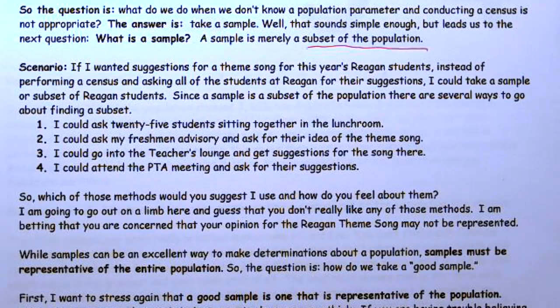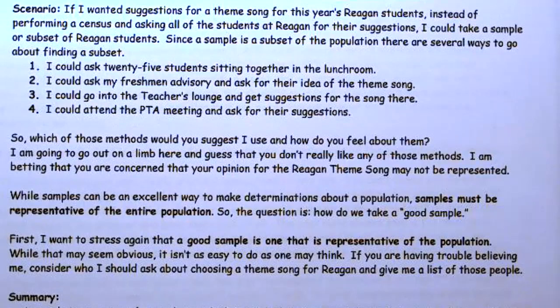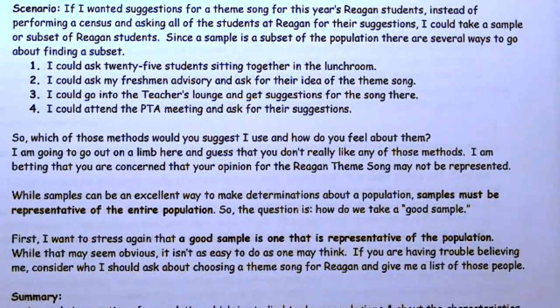So what the freshmen want as a song is probably not what the seniors want. Teachers think they know what you guys want, but we don't. So the teachers round it out, and I'm just going to let you figure out what the problem is with the Stone Oak moms.